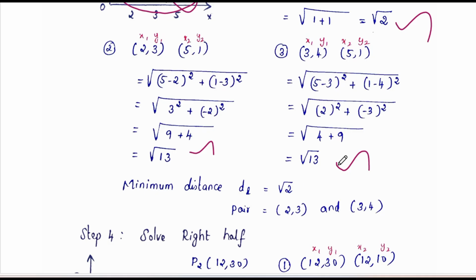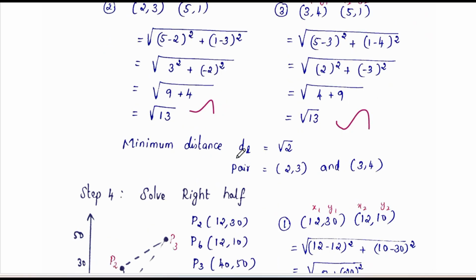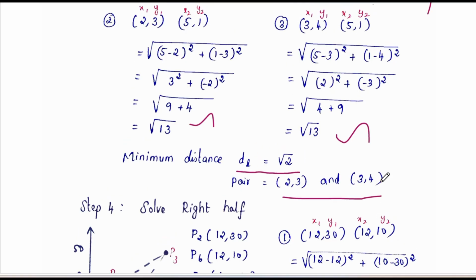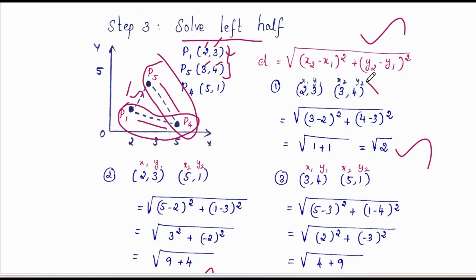But here we find the closest pair, so we take the minimum one. So the left side minimum distance we write as DL. DL, the left side minimum distance, is root 2. What is the pair here? 2 comma 3 and 3 comma 4.